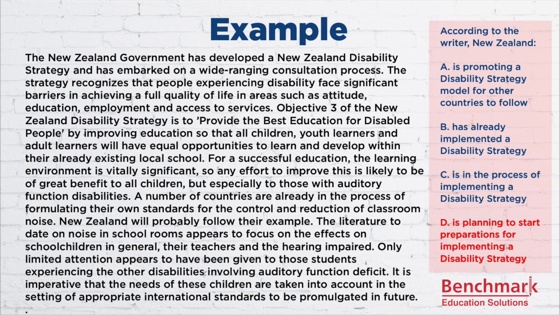The keywords here are planning, start, and disability strategy. Notice that options B, C, and D are all very different, but all involve whether or not the disability strategy has been started, implemented, or if it's currently in the works. This will be important to keep in mind.